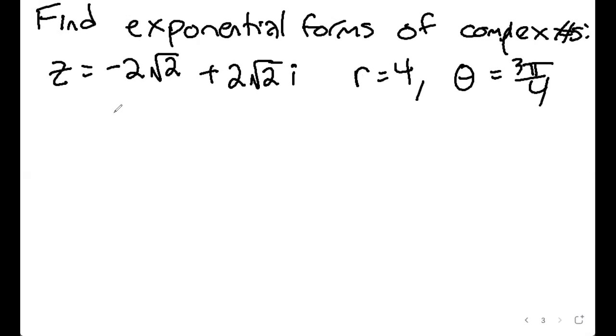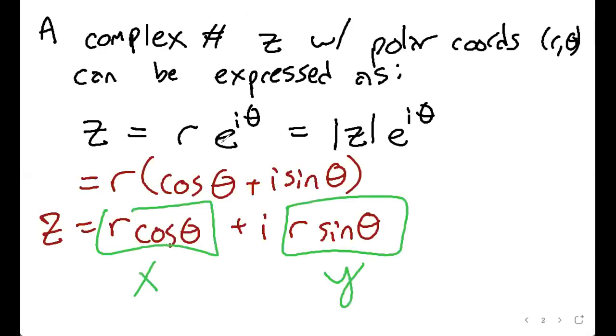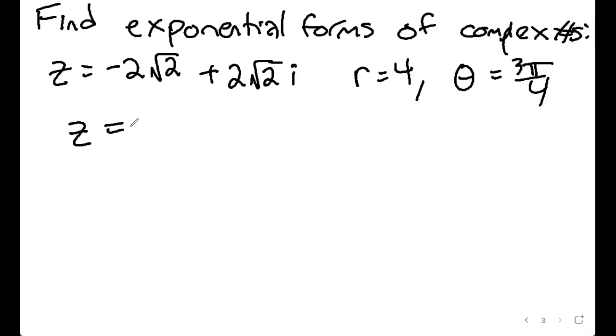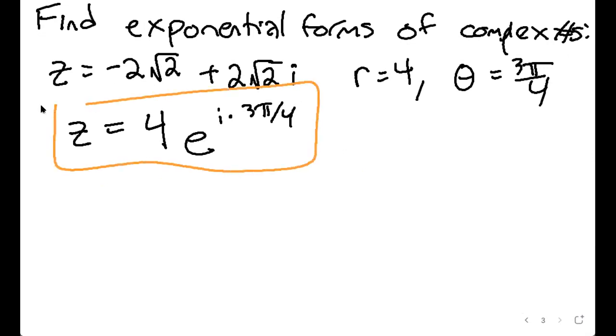And so we are able to write this as z is equal to r e to the i theta. We can write this as z is equal to 4 e to the i times 3 pi over 4. So here is an exponential form of the number z is equal to -2 root 2 plus 2 root 2 i.